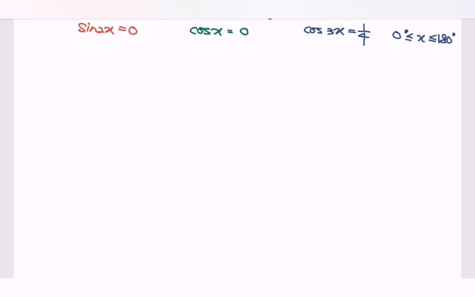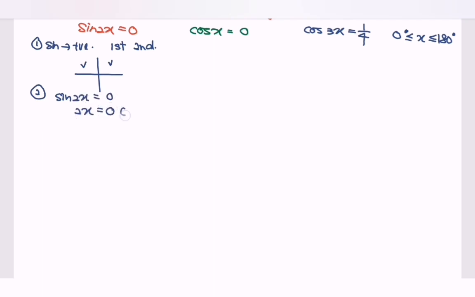For the first part, sine 2x is equals to 0. Step number 1, sine positive, and the quadrant will be the first and the second. Step number 2, find the basic angle, where we have sine 2x equals to 0. 2x will be equals to 0 for the basic angle.